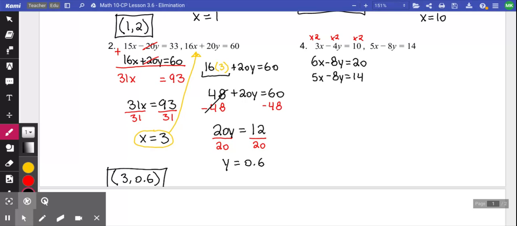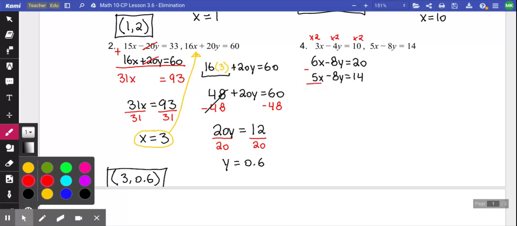So I'm subtracting these equations from each other in order to get this double negative. So it'll be negative 8 plus 8, leaving me with 1x equals 6.